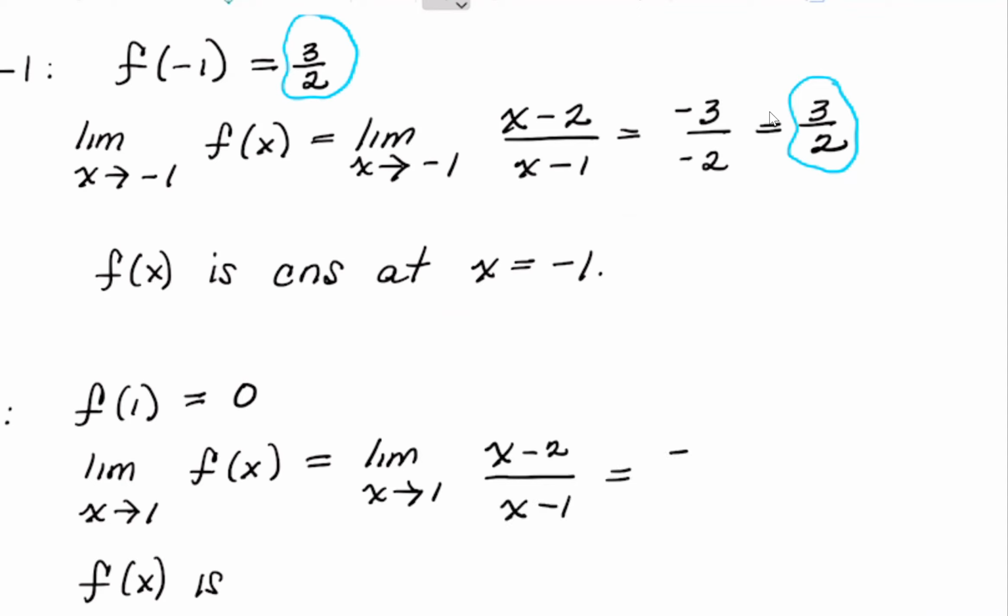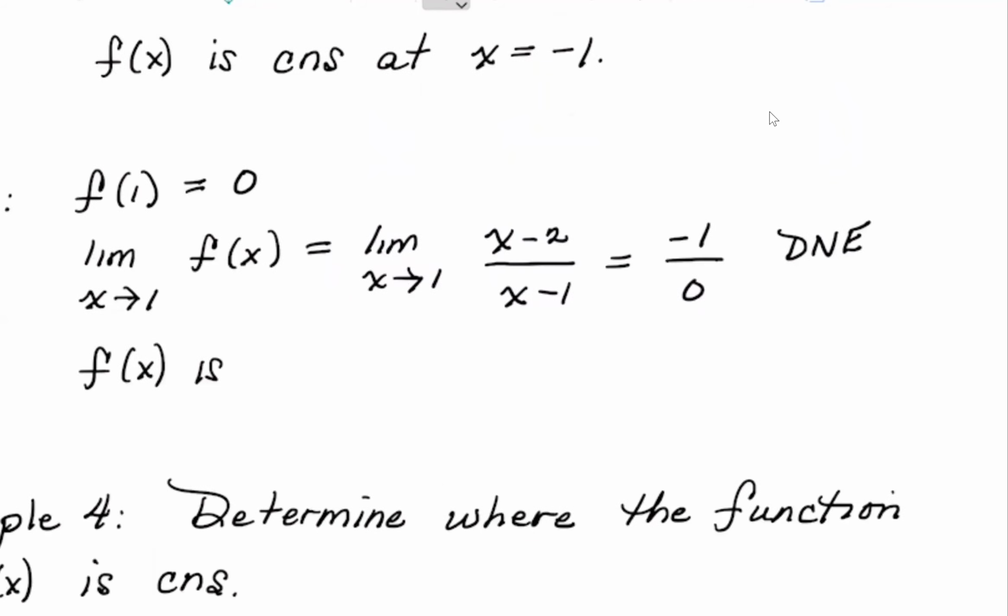So that gives us -1 over 0. And oh, there's a problem. This limit does not exist. So since this limit does not exist, we can say f of x is not continuous at x equal to 1.